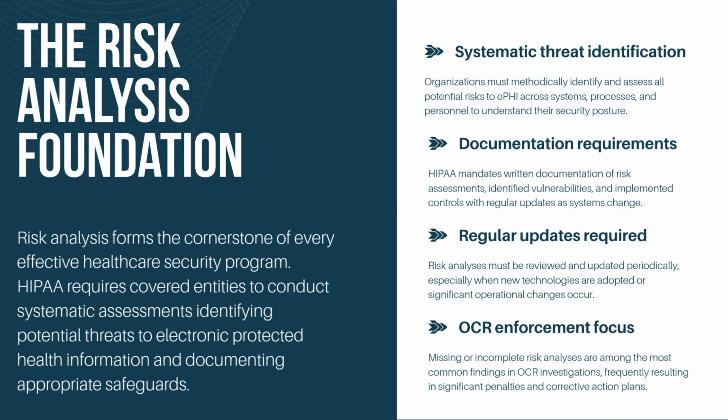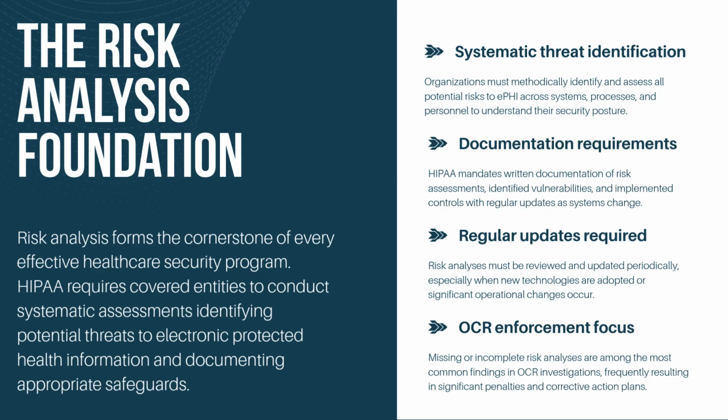Risk analysis forms the cornerstone of every effective healthcare security program. HIPAA requires covered entities to conduct systematic assessments, identifying potential threats to EPHI, and documenting appropriate safeguards. Organizations must methodically identify and assess all potential risks across systems, processes, and personnel.